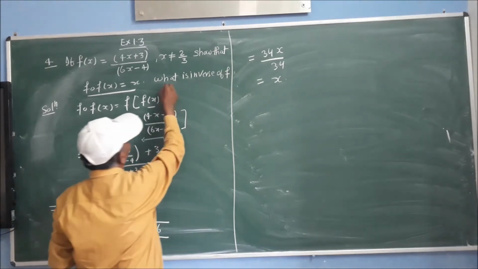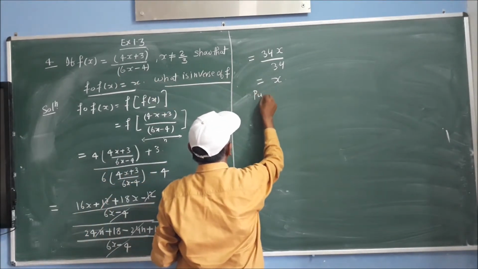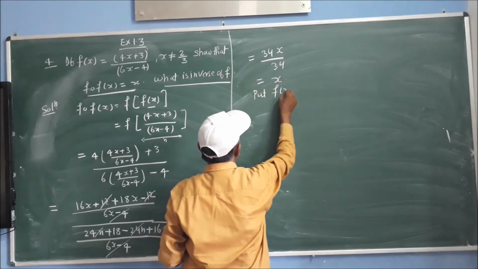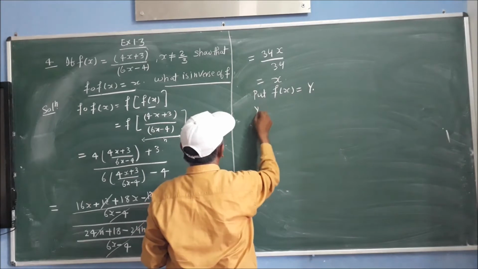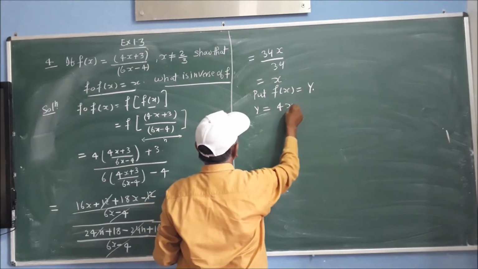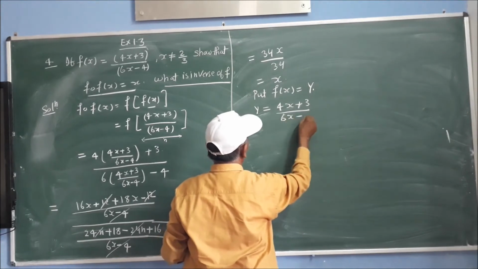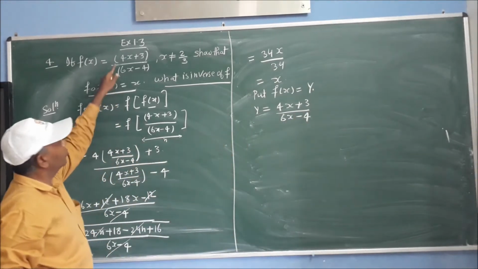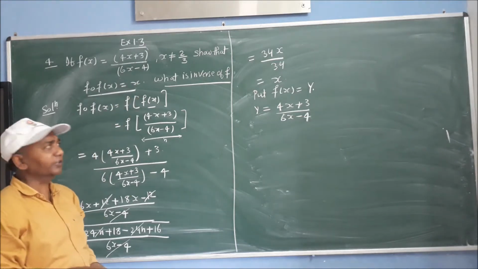To calculate the inverse of f, you put f(x) equal to y. So this will be y is equal to (4x plus 3) divided by (6x minus 4).